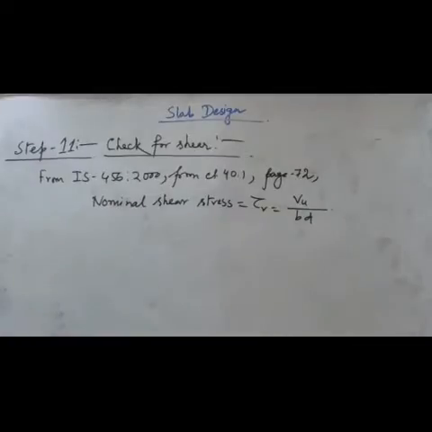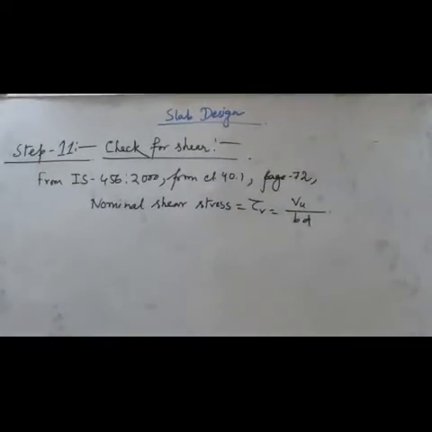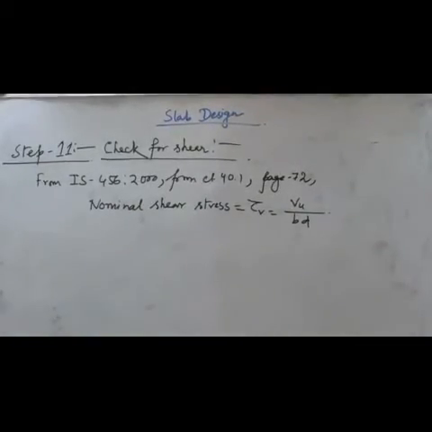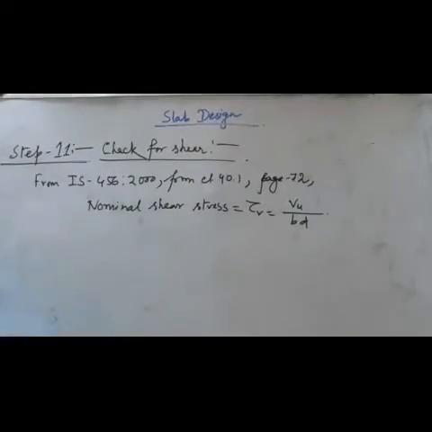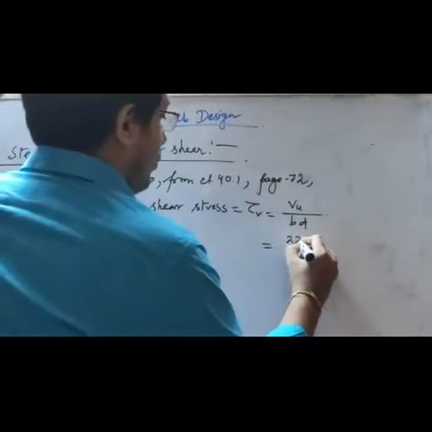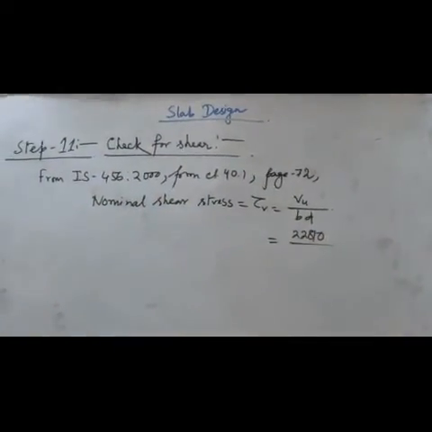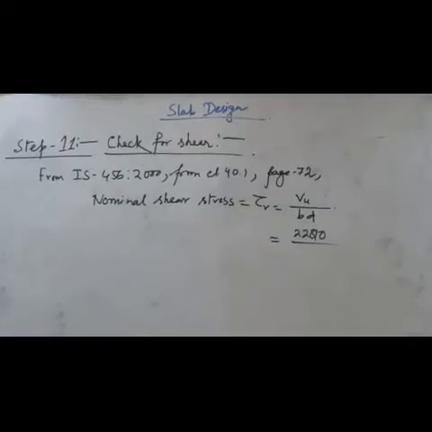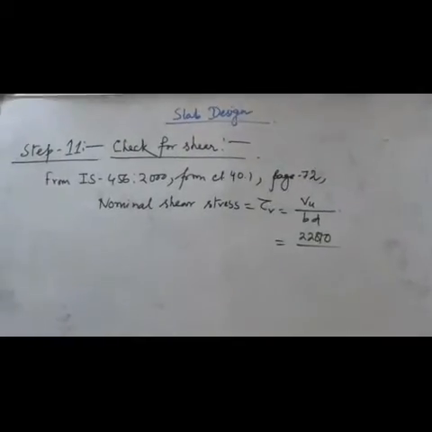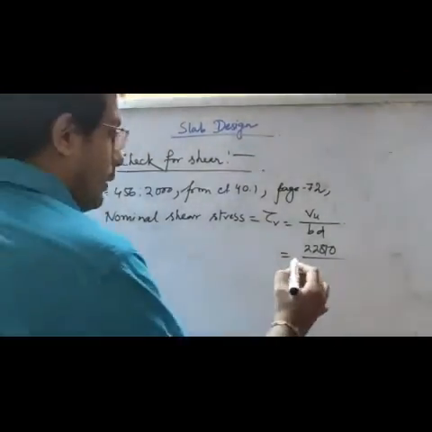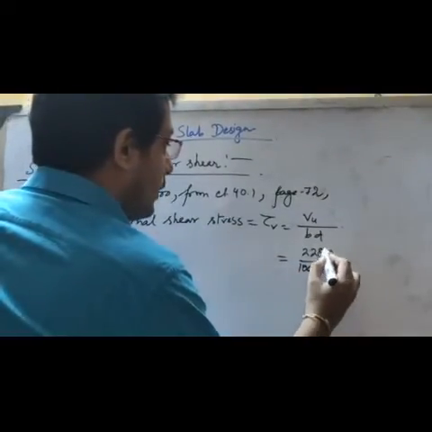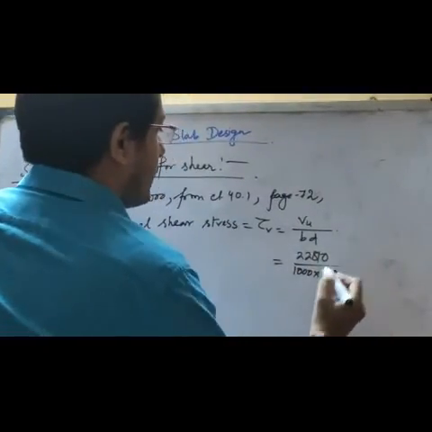Okay. Here VU, which we have already calculated, equals 22810, and B means per meter length, so it is 1000, and D means 160.